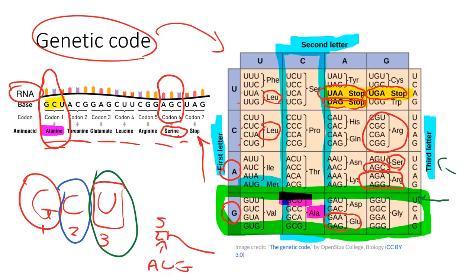So every polypeptide starts, at least potentially, with a methionine. Sometimes a methionine is removed, but at least we know that AUG is always the start of any polypeptide.